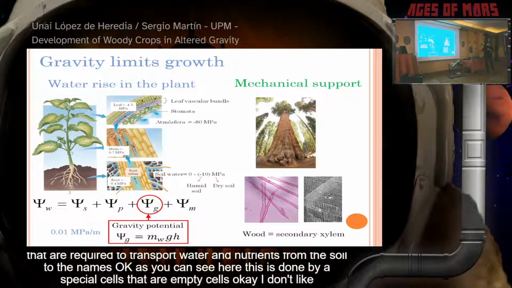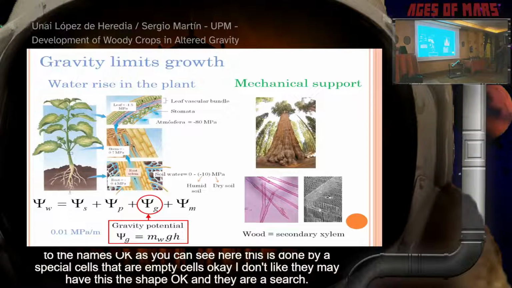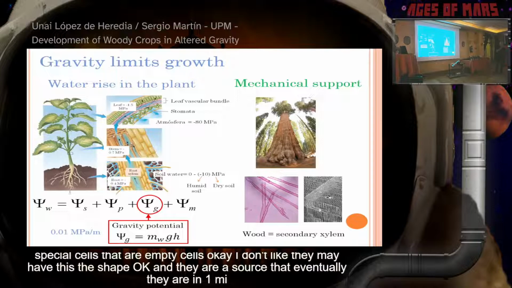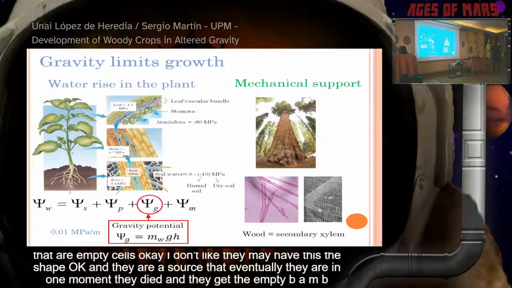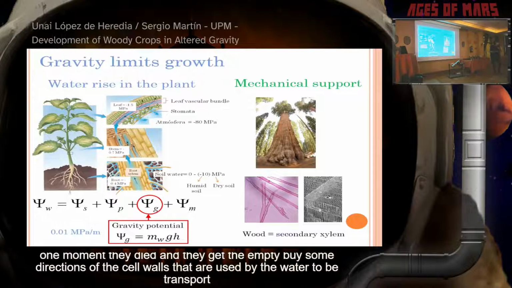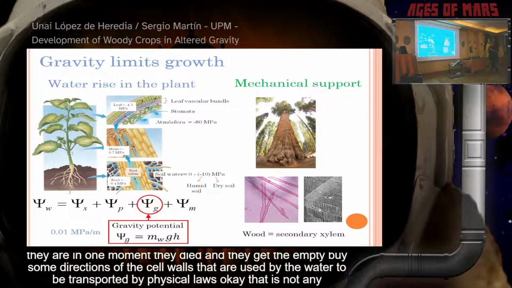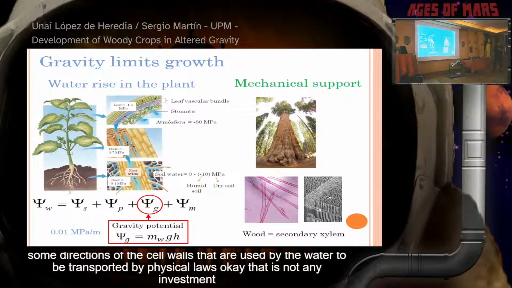They may have this shape, and they are cells that initially are alive, but at one moment they die and get empty by some interruptions of the cell walls that are used by the water to be transported merely by physical laws. Okay, there is not any investment for water transport.